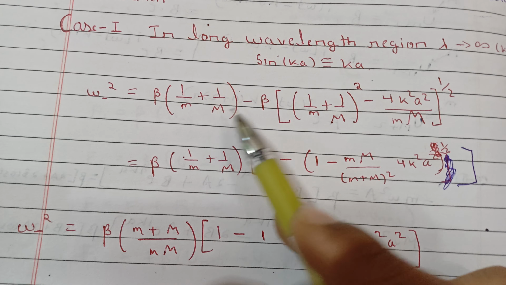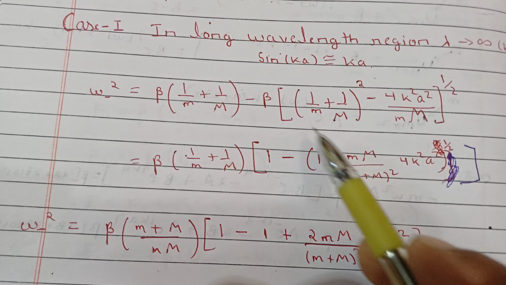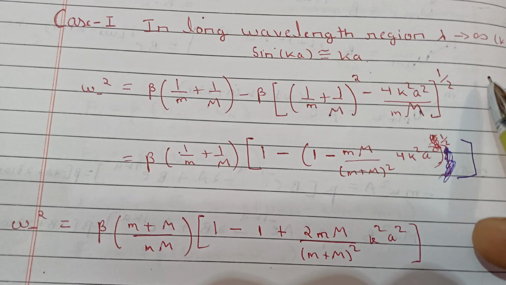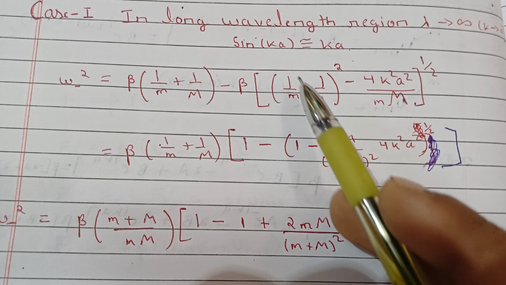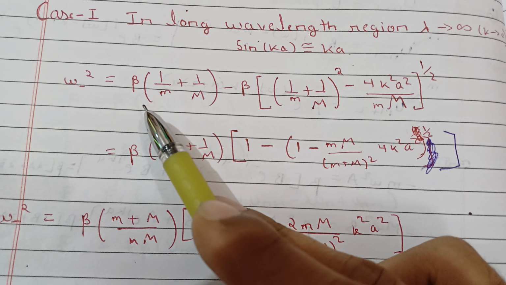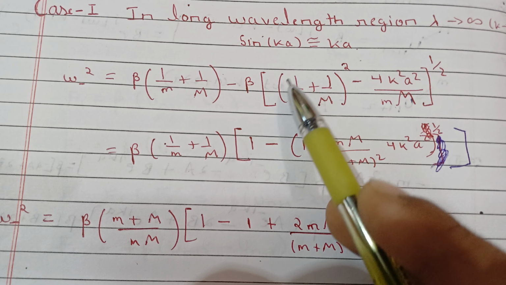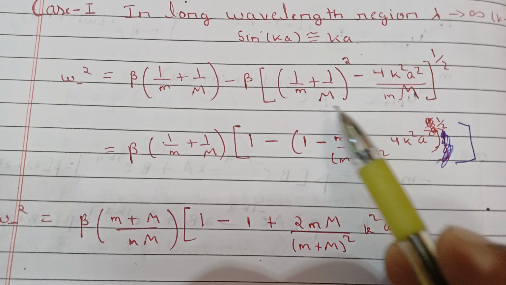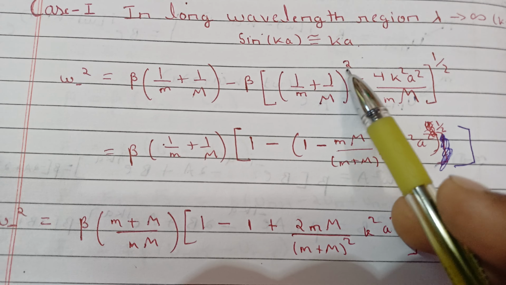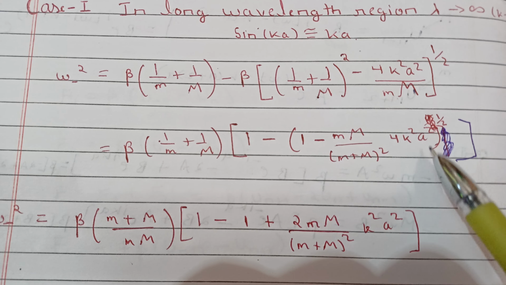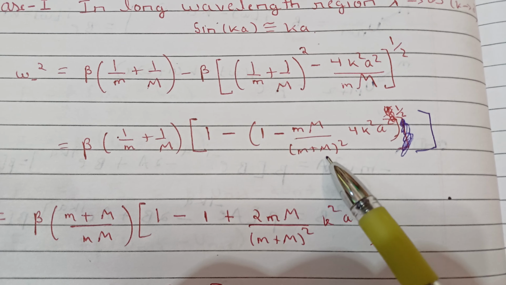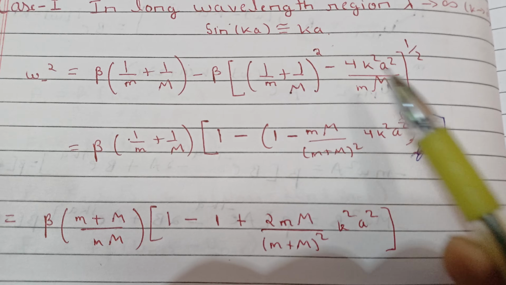If we take this term out, then from under the root we get (1/m + 1/M) out, and we take this whole term beta (1/m + 1/M) common. Then we get 1 here, minus, and then it will give us (m + M) squared, and the square term comes down from here.